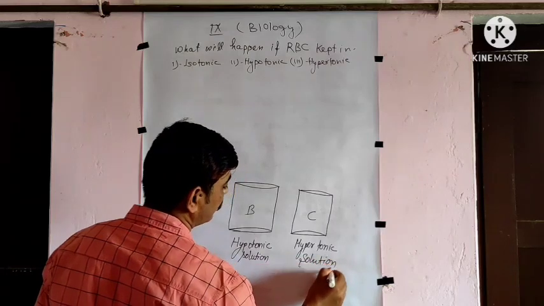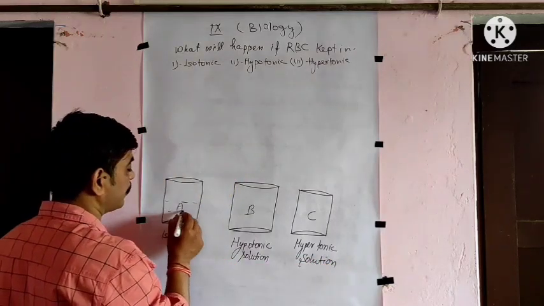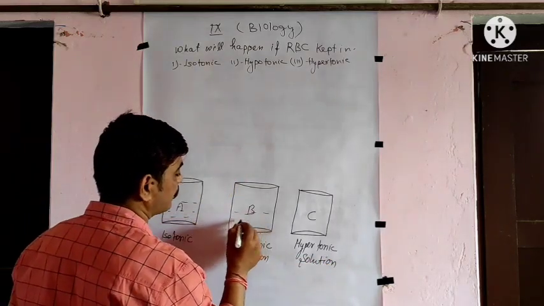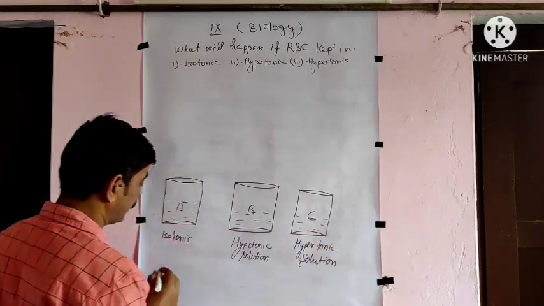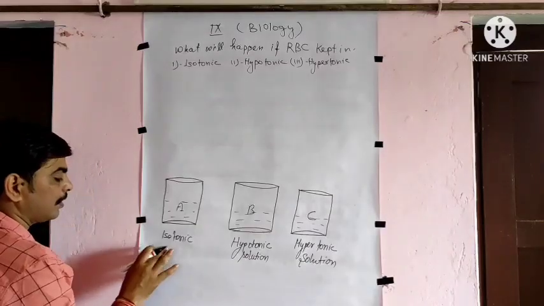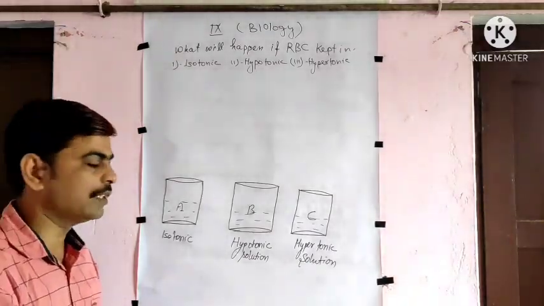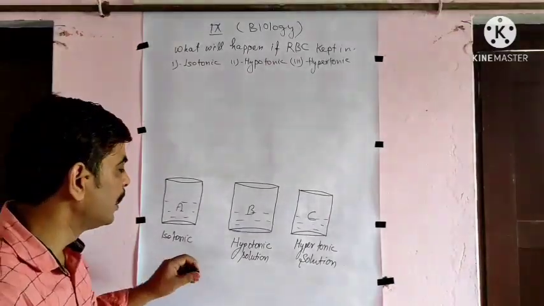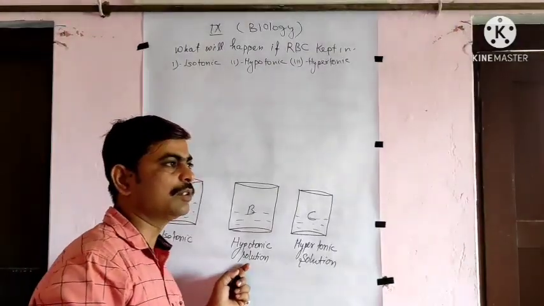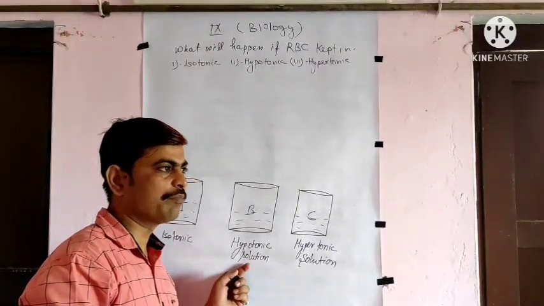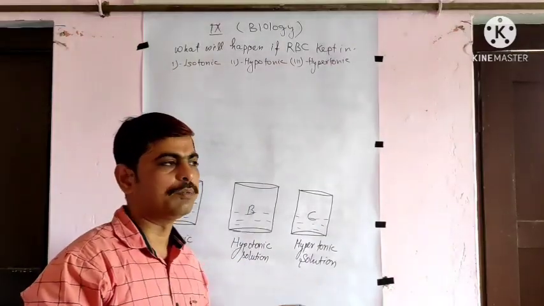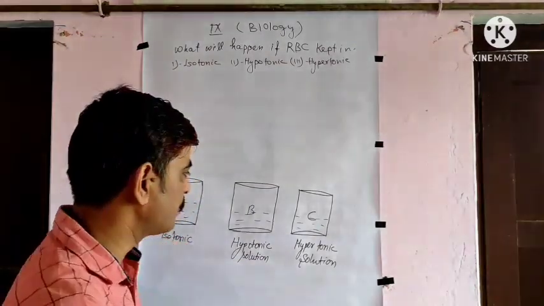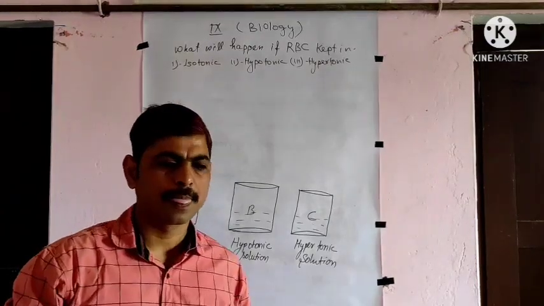Let's assume these are different types of solution in A, B, C. Here the proportion of solute and solvent is the same as the cytoplasm. Here the solute is less compared to the cytoplasm, and here the solute is more compared to the cytoplasm.